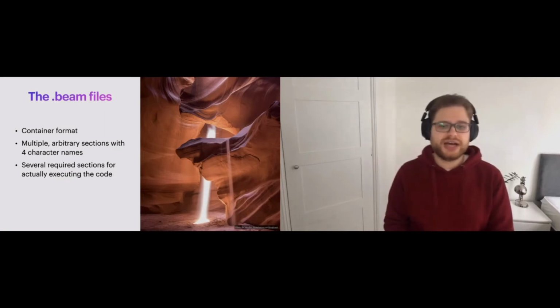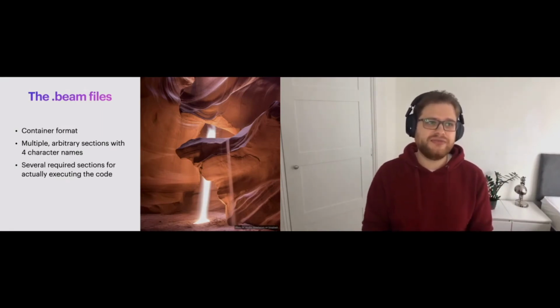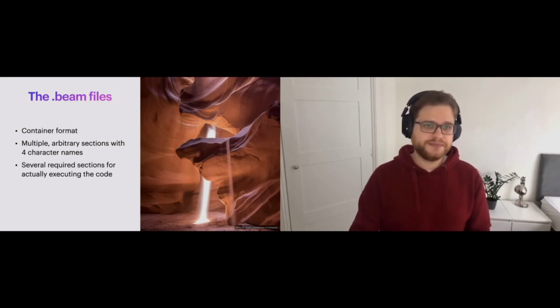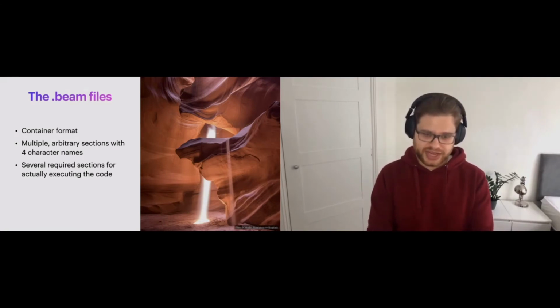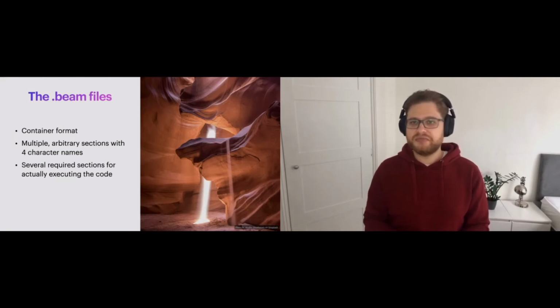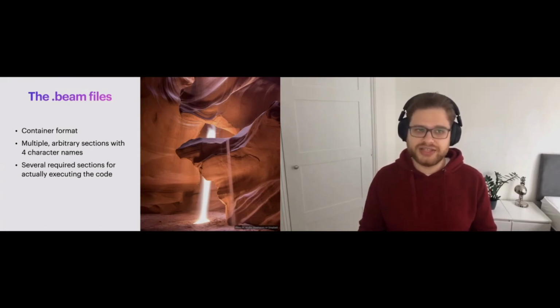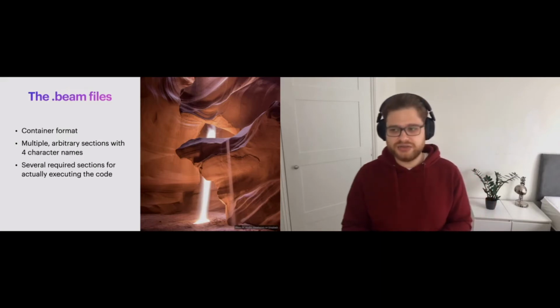So Beam files are basically the result of compiling Erlang and Elixir code. For every module that you compile, you will end up with a single Beam file. And this Beam file is self-contained information about the module. On a low level, Beam files are just like a container format. This means they more or less consist of a set of chunks or sections and some sort of table of contents for the file to be accessed.